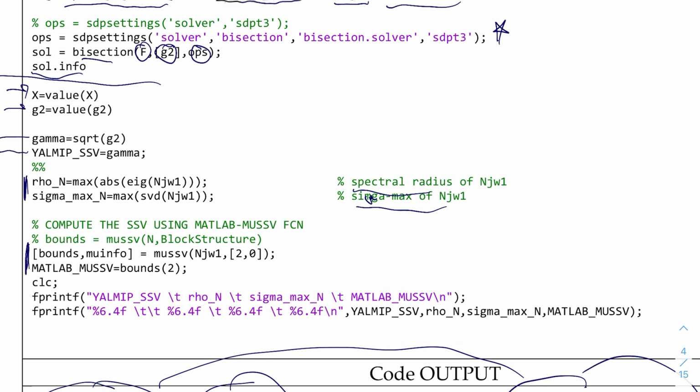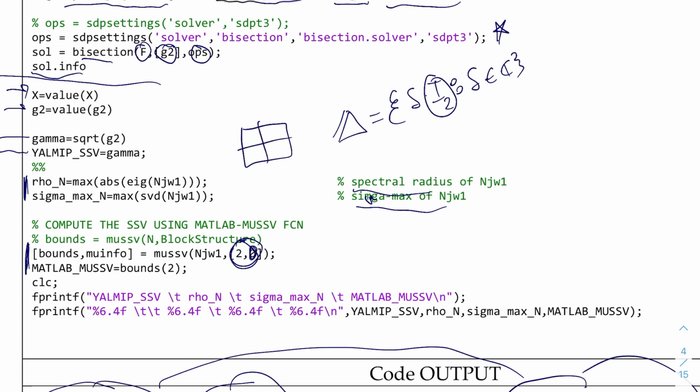Here this is Matlab's mu SSV function. And let's recall what our uncertainty was. Our uncertainty was the easy case, delta times identity, where delta is complex. And usually you would type 2 by 2, but since this is a repeating diagonal case, you would make the second argument 0.